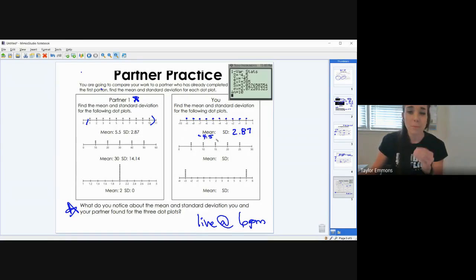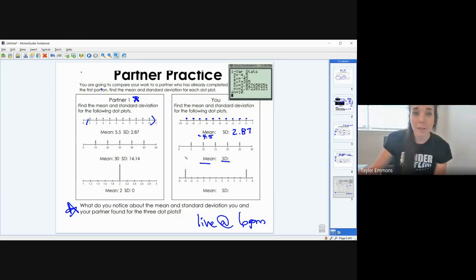All right, so take a moment, and what I want you to do is find the mean and the standard deviation of this second plot. Try to find the standard deviation and the mean for this second plot. And if you need to plug it into your calculator, that's fine. I'm going to give you about a minute 30 to do this.